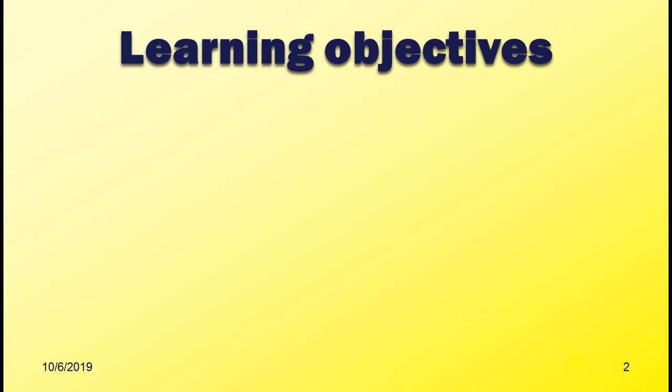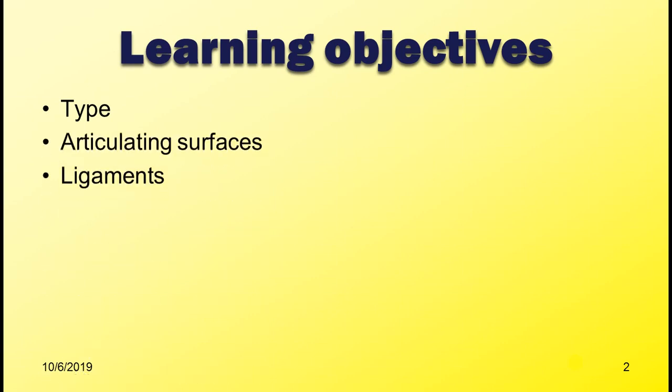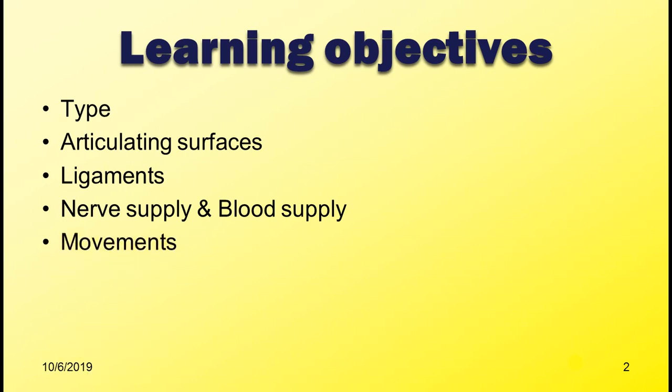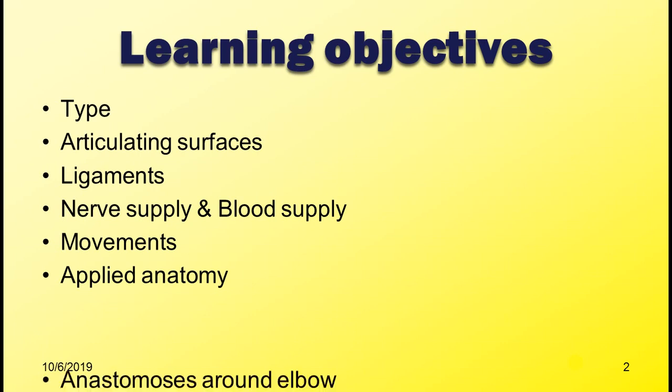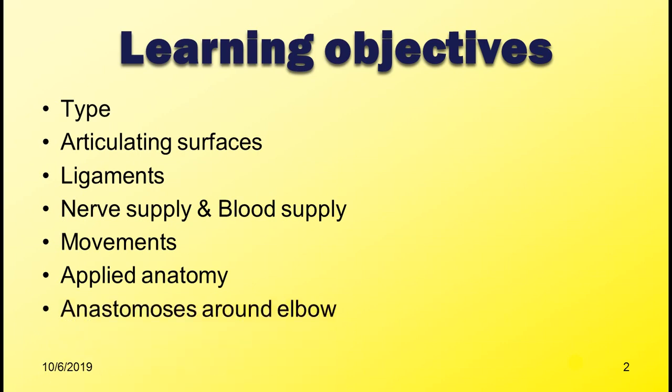Our learning objectives for today on the elbow joint will be: the type of elbow joint, so what type this joint belongs to, articulating surfaces, ligaments related to this joint, the nerve supply and blood supply of the joint, movements related to this elbow joint, and applied anatomy. Finally, we are going to discuss a few slides at the end with a short topic, that is the anastomosis around the elbow.